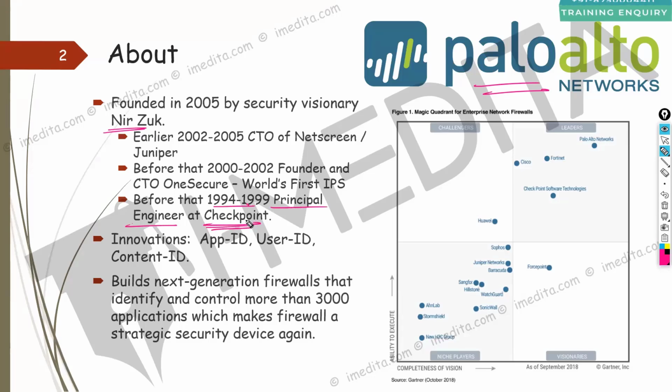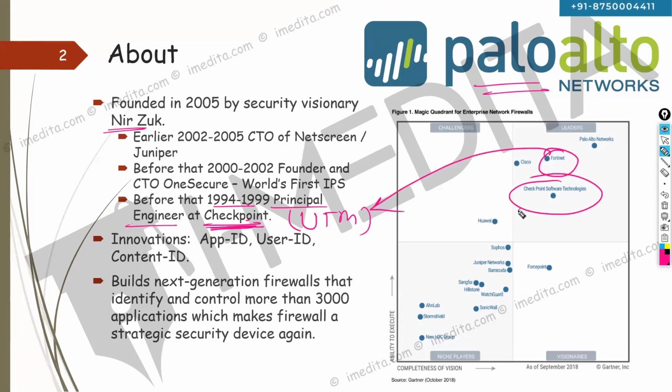At that time, Checkpoint had the monopoly in one product, which is called UTM. Got it or not? At that time, there were two companies, Fortinet and Checkpoint. They were selling a product, and the product name was UTM. Now, Nir Zuk left Checkpoint and established which company?